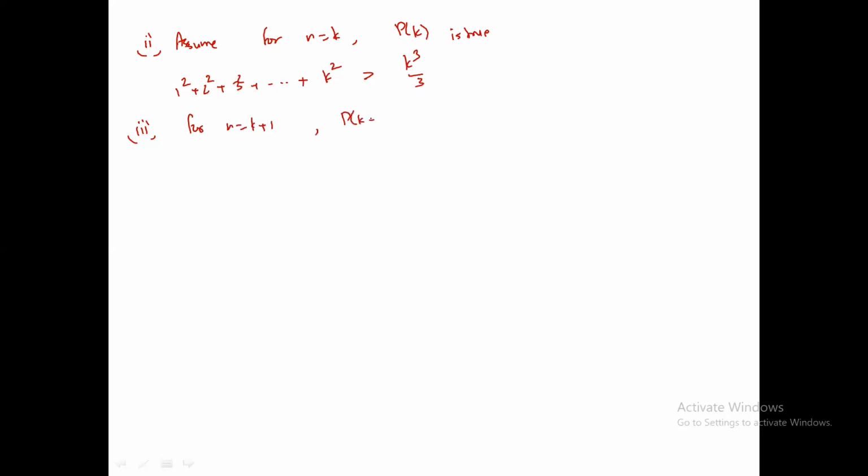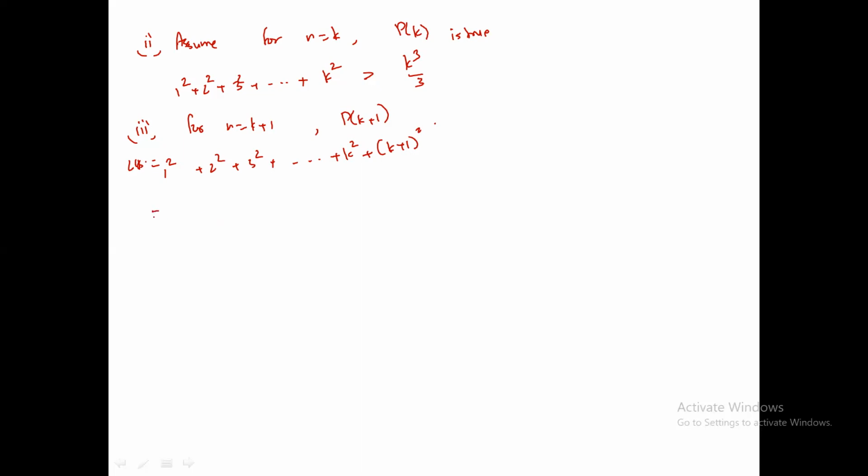That is the left side of P of k plus 1. We will take the left hand side: 1 square plus 2 square plus 3 square up to k square. The next one is k plus 1 whole square.